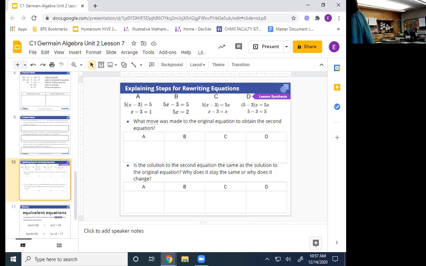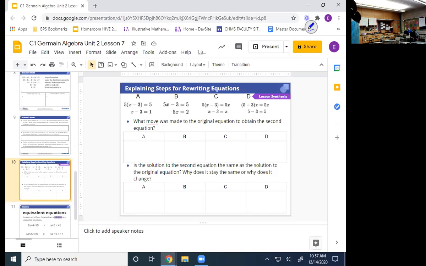If we look at A here, and we're looking at step 1 to step 2, equation 1, equation 2, what move is going on to go from 1 to 2? What am I doing to each piece, each side of this? Nice job, Gabe. What do you think, Junior?